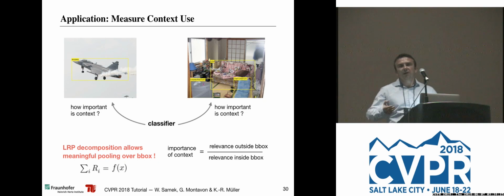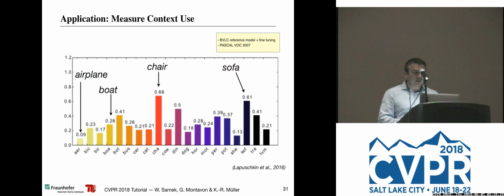So instead of summing the relevances over the whole image, you can sum them over the bounding box and see how much relevance falls inside and how much falls outside. We did that for the Pascal VOC data, for the CaffeNet model, after some fine tuning. Larger values mean that context is important.